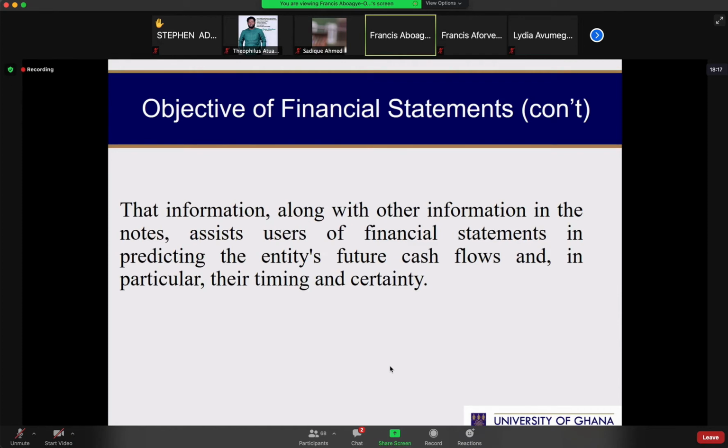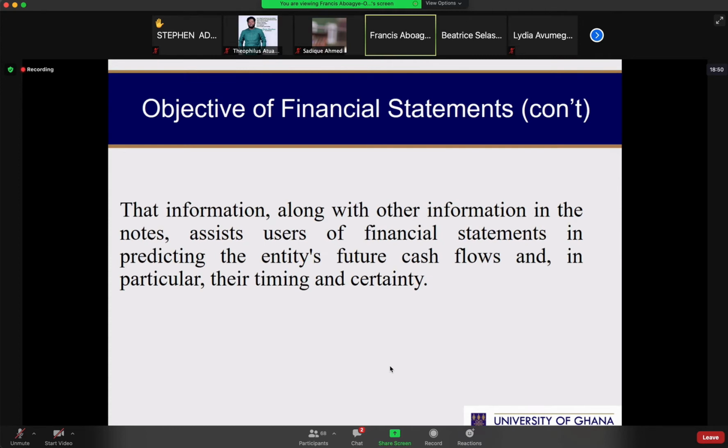So the accompanying notes, together with the financial statements, must provide information that can enable a user to predict the entity's cash flows. But in predicting the cash flows, they must also be able to predict their timing and sensitivity. So they should be looking at the risks associated with the cash flows, and they should also be looking at when that cash will occur.